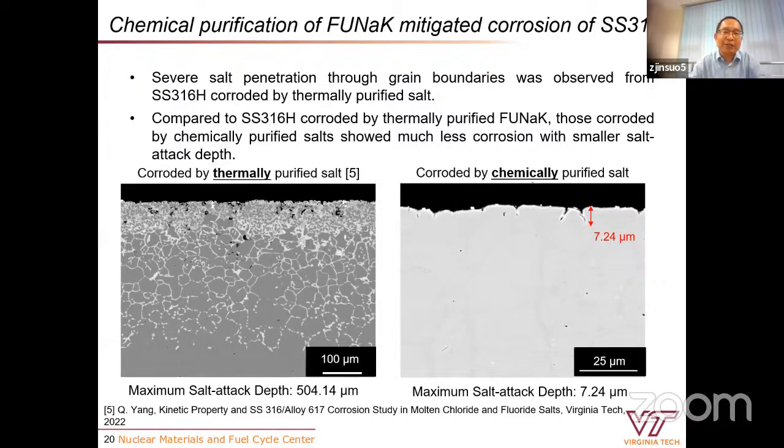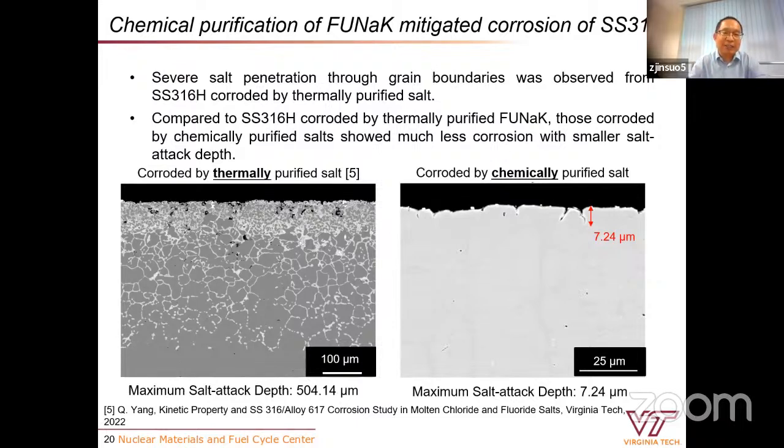Several hundred micrometers of attack. But on the right, you see this is the chemically purified salt, and you only see a very small amount of attack there. That is just 1.24 micrometers. It's the same temperature, in the same condition.